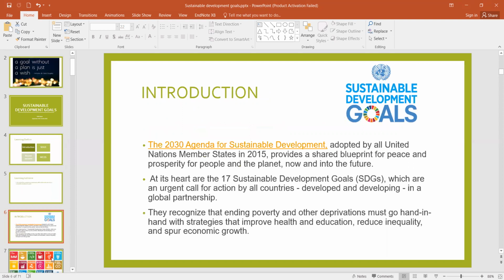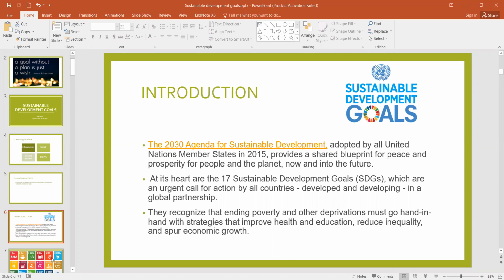The 2030 Agenda for Sustainable Development, adopted by all United Nations member states in 2015, provides a shared blueprint for peace and prosperity for people and the planet, now and into the future. At its heart are the 17 SDGs, which are an urgent call for action by all countries, developed and developing, in a global partnership.